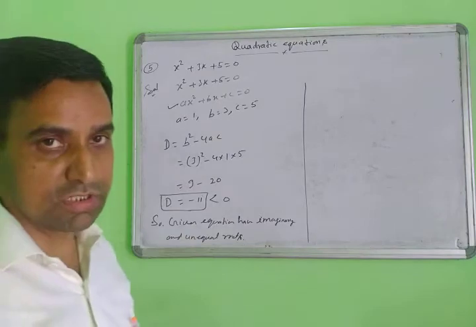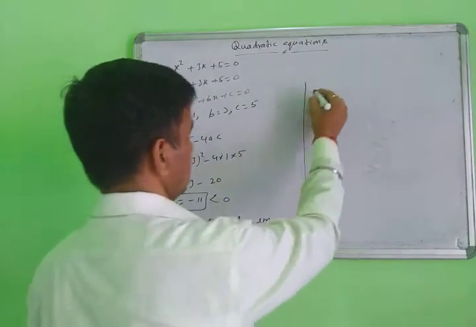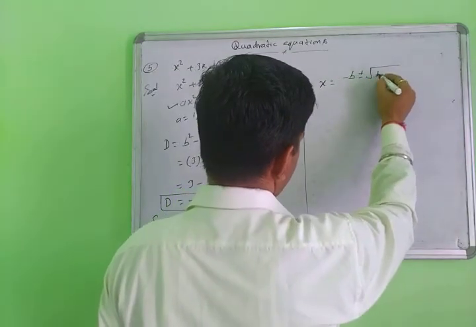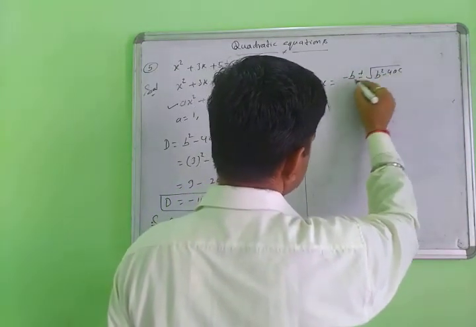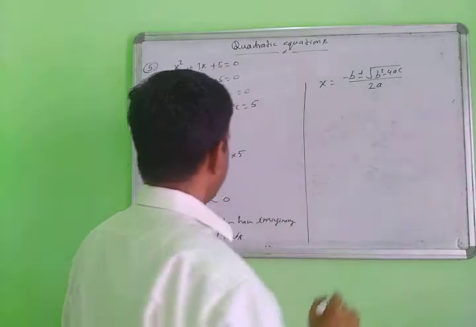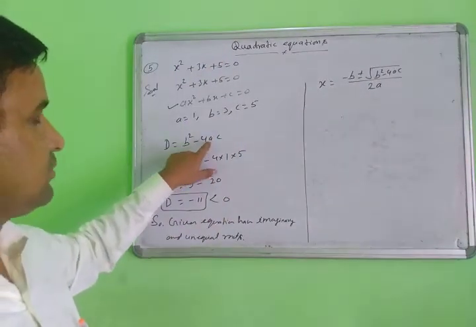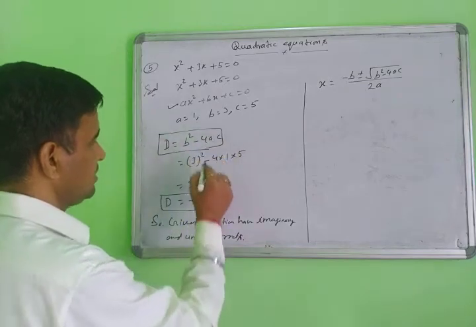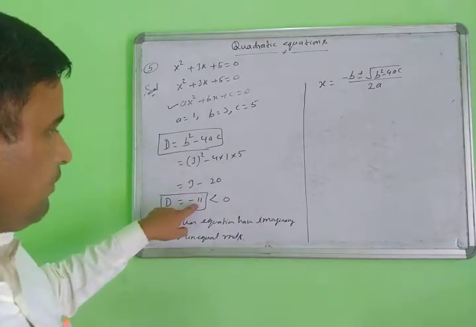Then using the identity x equals minus b plus minus root b square minus 4ac upon 2a. Here b square minus 4ac is the value of the discriminant D, and this is already solved here, the value is minus 11.